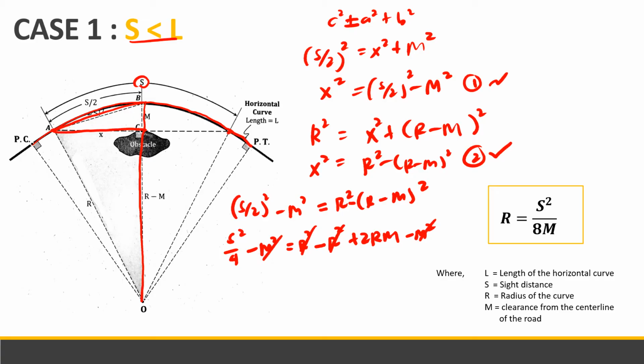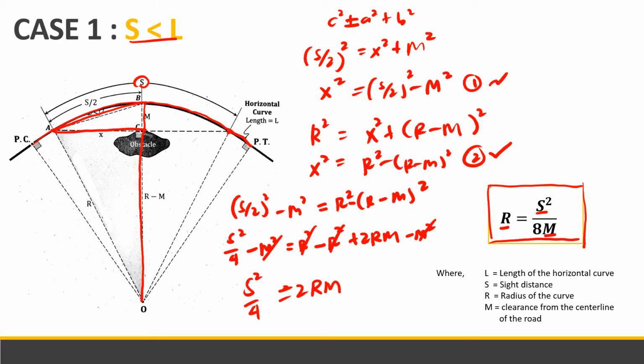So matitira na lang is S squared over 4 equals to 2RM, or this equation here. So this is the relationship of the sight distance and the radius of the curve and the middle ordinate.